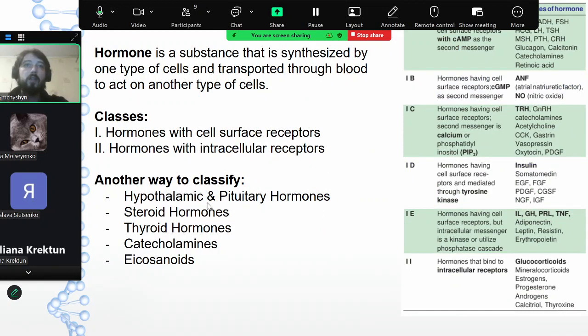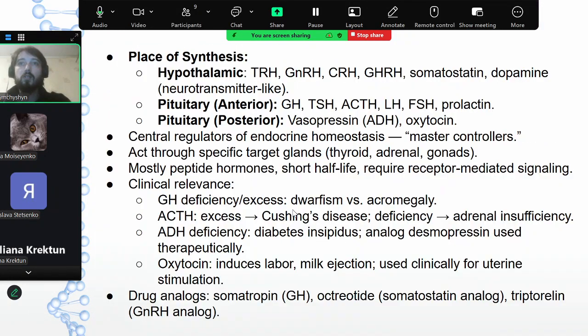You see that they may be hypothalamic or pituitary hormones, or steroid hormones, thyroid hormones, catecholamines, or eicosanoids. So here they are, more or less some lists of these hormones and what they basically do and what is the clinical relevance.